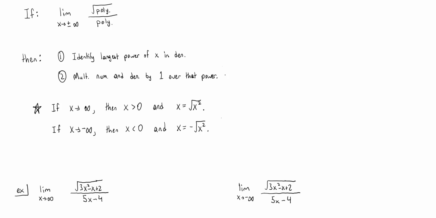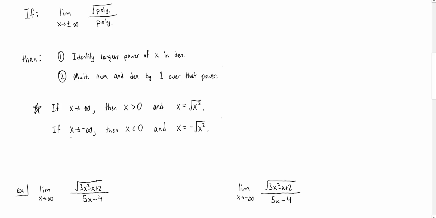Now, for our examples, I'm just going to be working with some quadratic polynomials. And so there's going to be a subtle difference depending on whether x is approaching infinity or negative infinity. If x is approaching infinity, then that makes x a positive number. And so the square root of x squared would be equal to x.